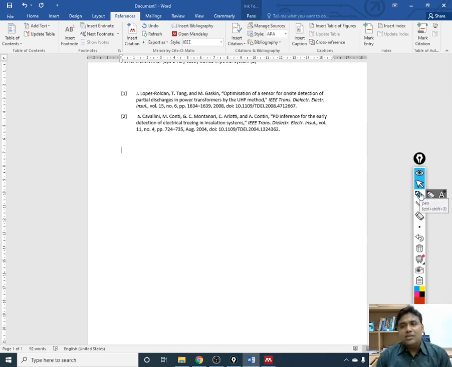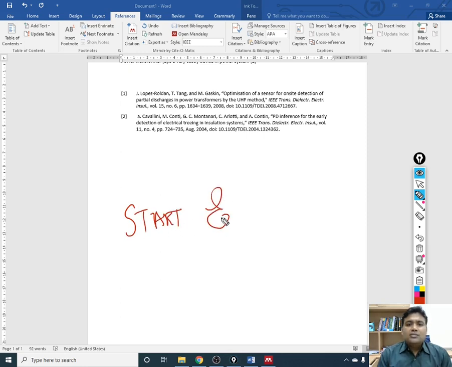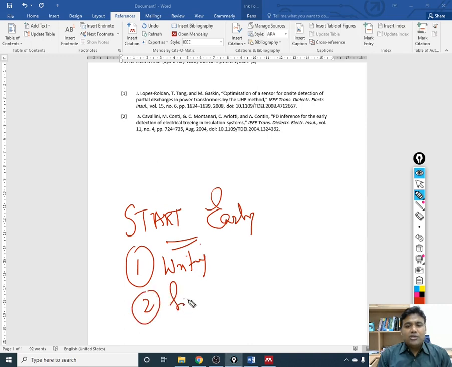That is the key to research. Start early. You do two things, one is writing and second is simulation. Both should go step by step simultaneously.